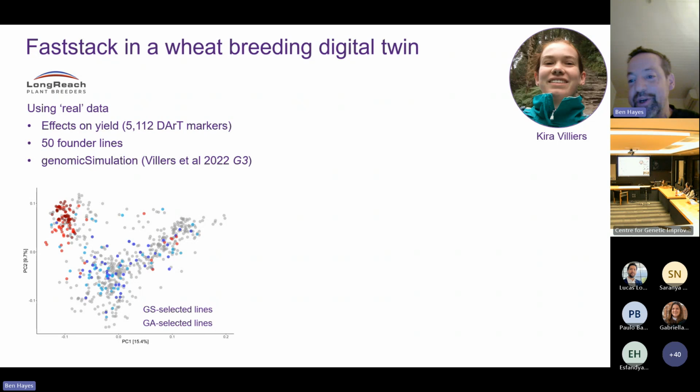And I just want to show you now the effect of different numbers of crosses and particularly different numbers of progeny. We did this in a simulated wheat breeding program, but really the answers are pretty general. They would apply across livestock as well. We used a wheat breeding program because we had founder wheat genotypes that we could feed into this.